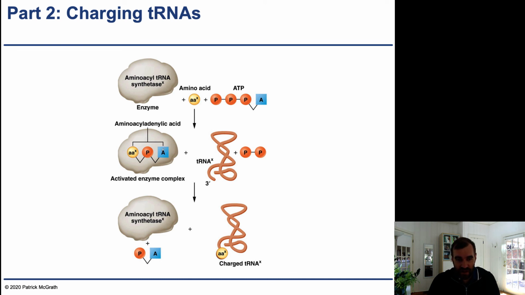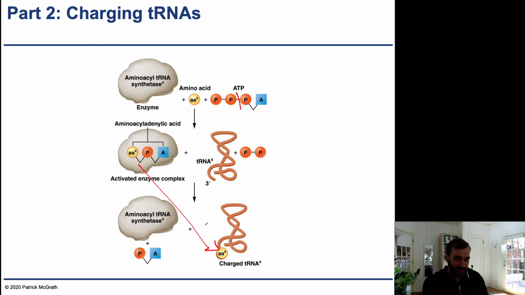It also has the ATP to use as an energy source, and it cleaves the phosphates in order to create an energetic, modified version of the amino acid, which can then recognize the tRNA of interest and add the amino acid to that. So that's the process of charging a tRNA.